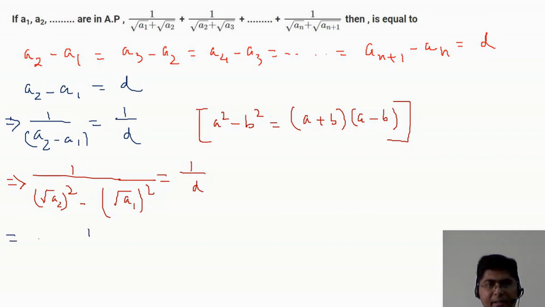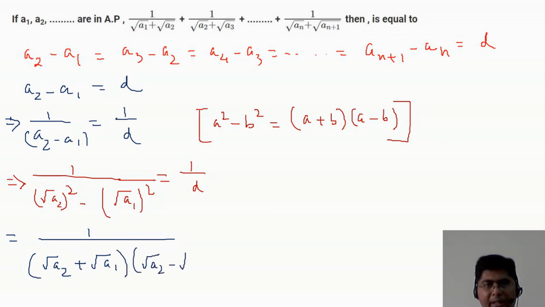Coming back, (root a2 plus root a1) into (root a2 minus root a1) is equal to 1 by d.